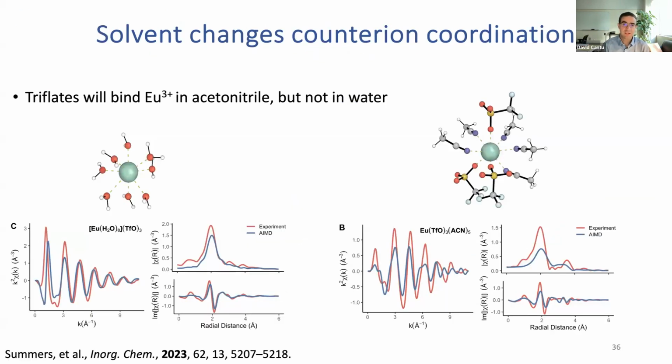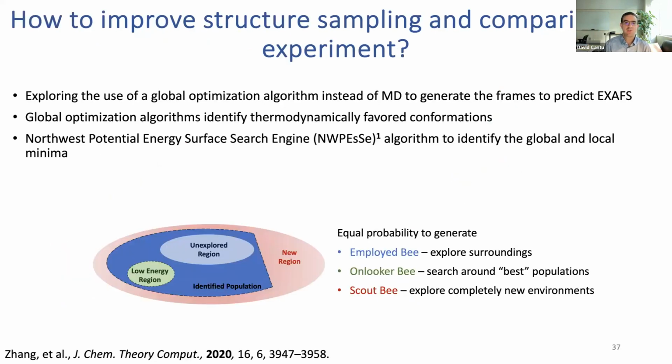So the solvent changes the counterion coordination. We also measured the europium aqua with triplets, and the triplets do not come into the first coordination sphere. However, in acetonitrile, they will coordinate the ion. And so, how to improve structure sampling and comparing with experiments?